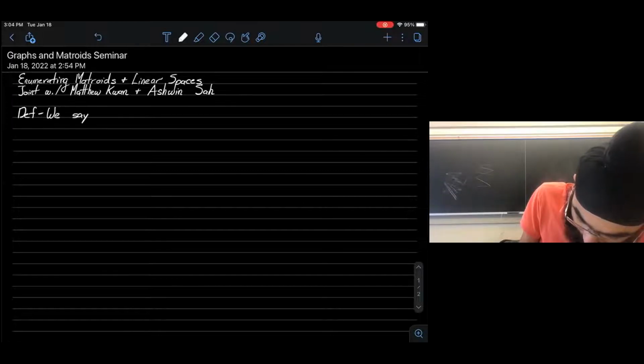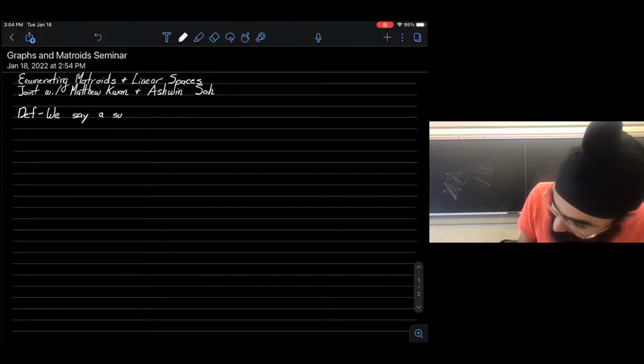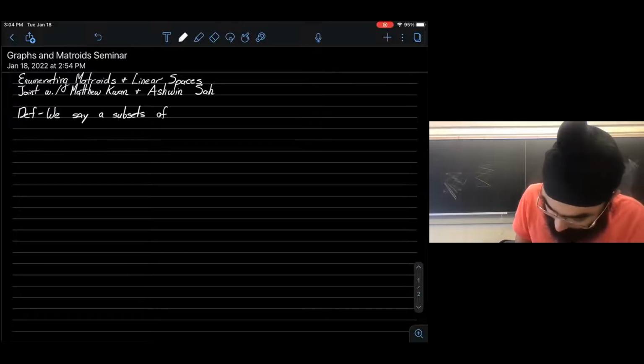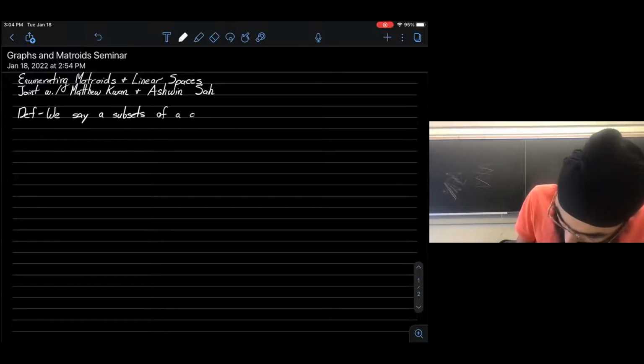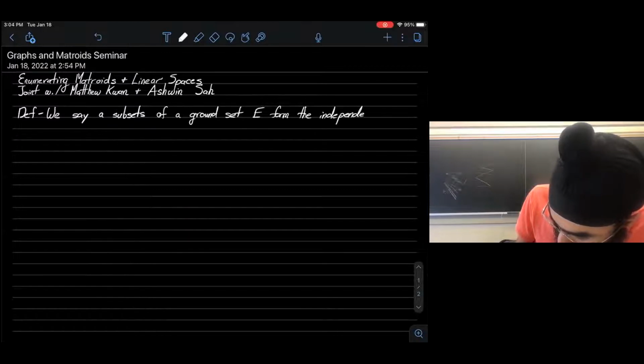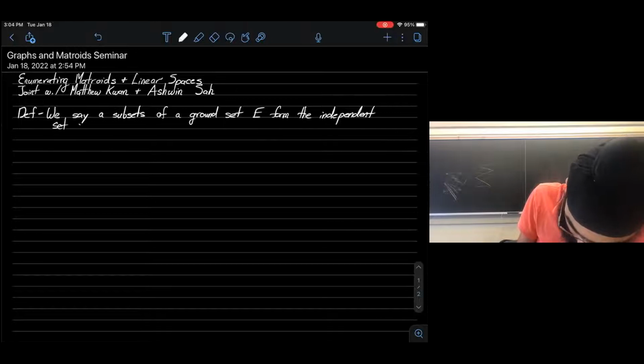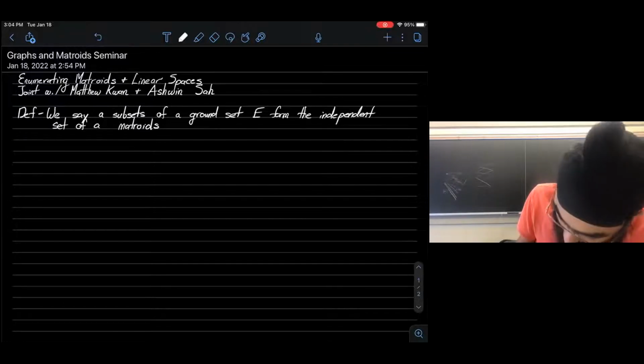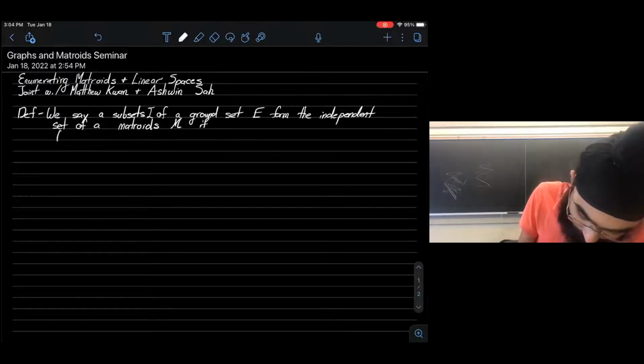We say a subset of subsets of a ground set E form the independent sets of a matroid if: one, one of your subsets is the empty set.